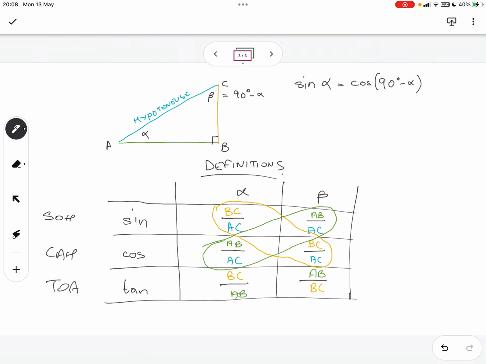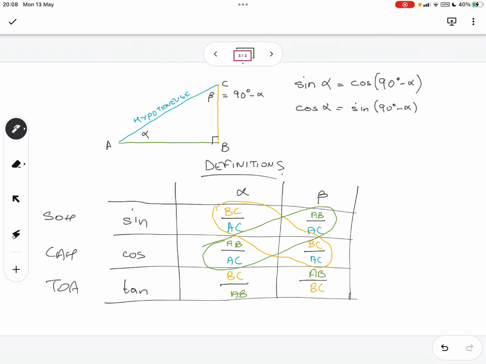And also the cos of alpha equals the sine of 90 degrees minus alpha, because cos alpha equals sine beta.